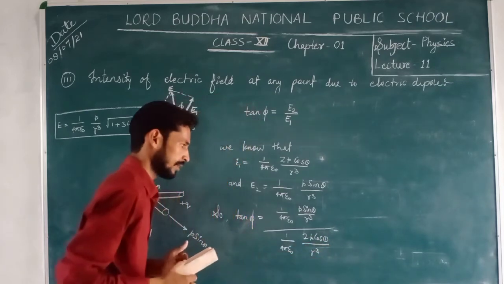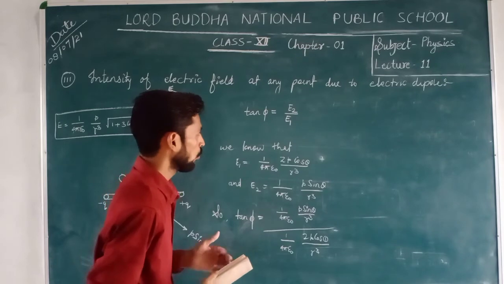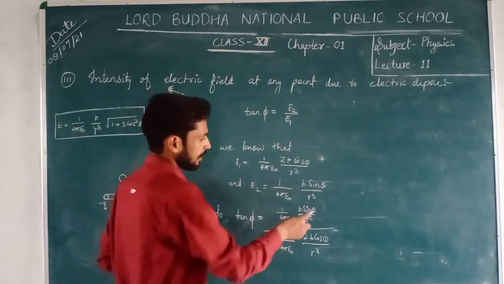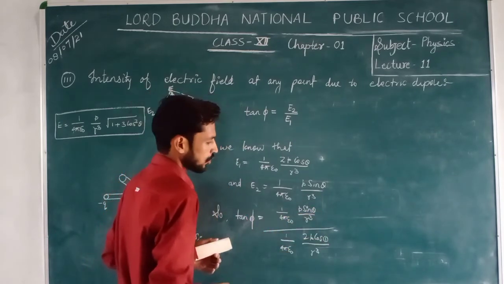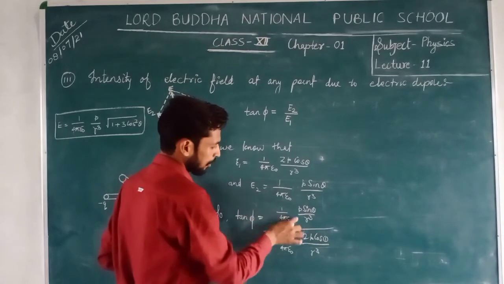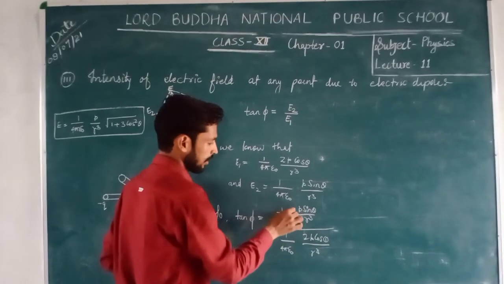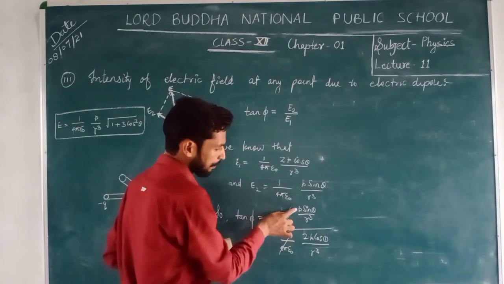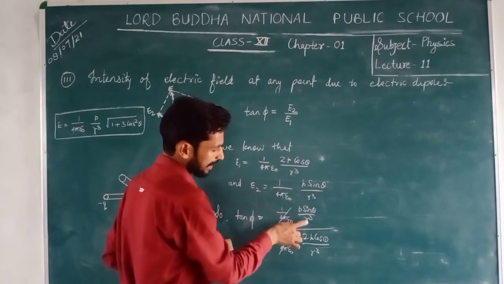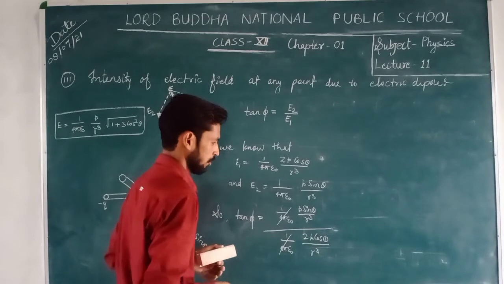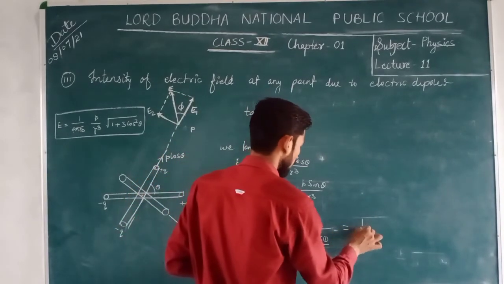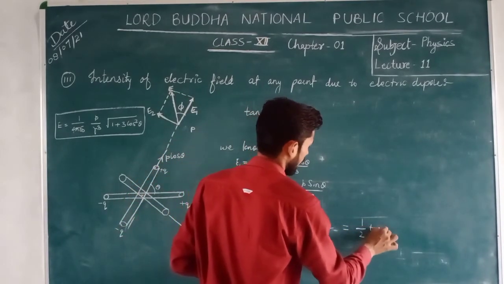In this way we can find the term theta. So 1 upon 4 pi epsilon naught will be cancelled by 1 upon 4 pi epsilon naught, and p by r cube will be cancelled also, so it will be 1 by 2 tan theta.